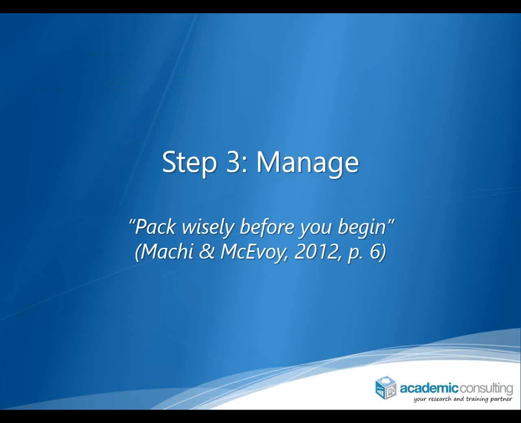Now, the 6 Steps to Success book that I've referenced at the end of my slides has a really nice analogy around how you manage the process of a literature review. They talk about the literature review journey, and they liken it to going on an actual journey. Now, if any of us were travelling to a foreign country for the first time, we would probably be very organised about it.